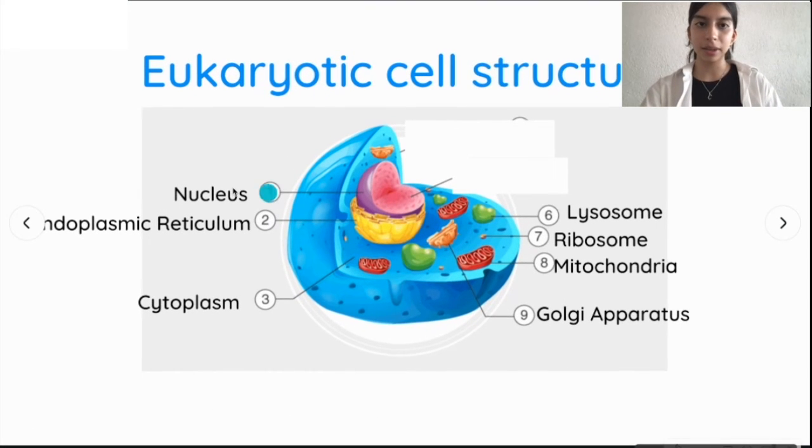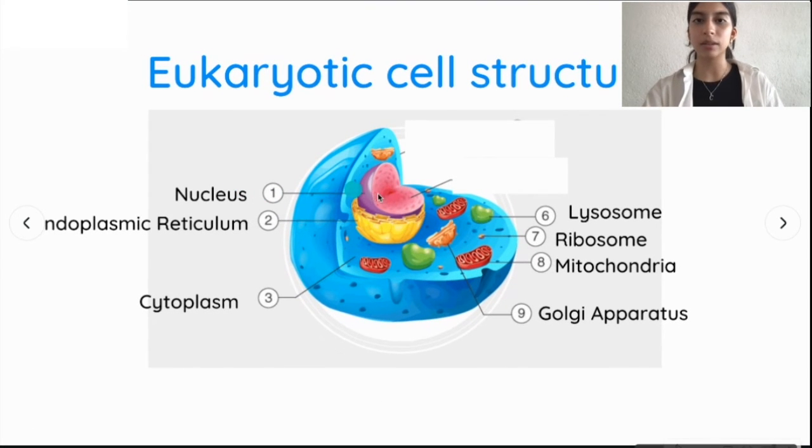And yes, as we can see, this is pointing to the nucleus, the endoplasmic reticulum, the cytoplasm, the lysosomes, the ribosomes, the mitochondria, and the Golgi apparatus. You can pause the video and try to make a diagram like this in your notebook to best understand the cell structure and to remind you in the exam.